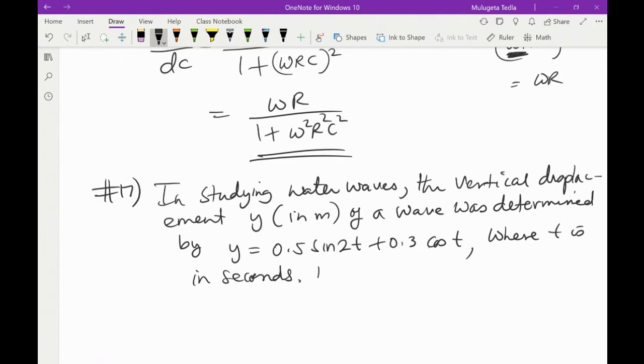Find the velocity. I say find the magnitude of velocity.